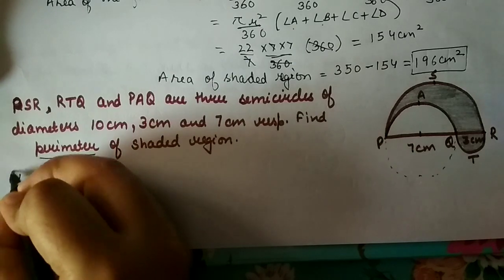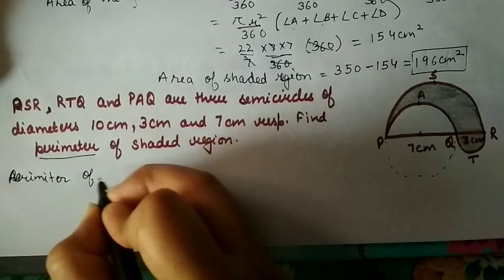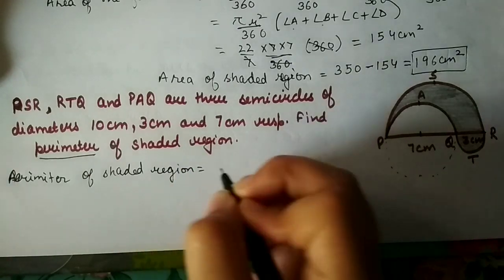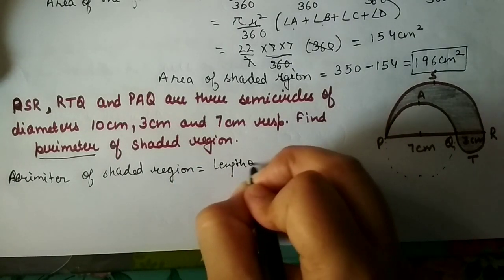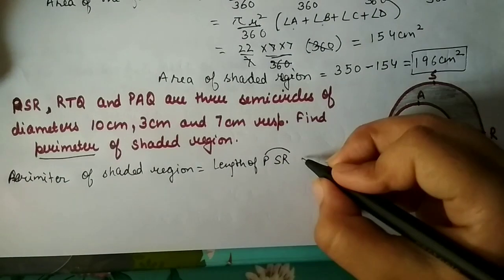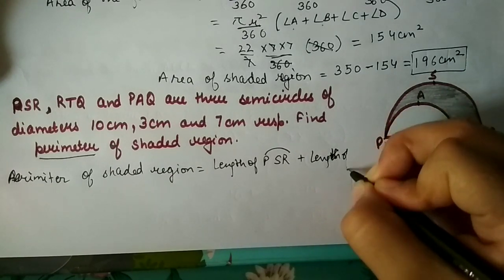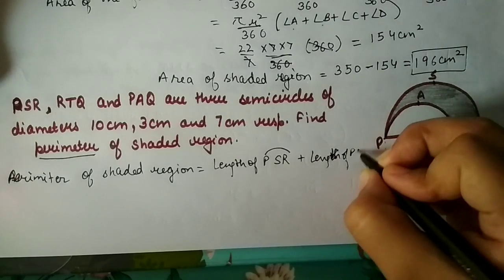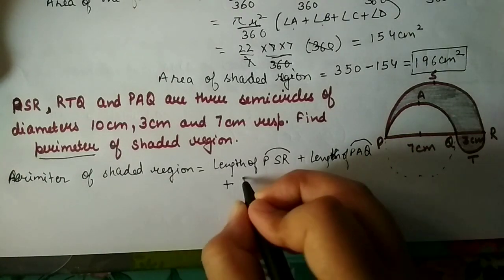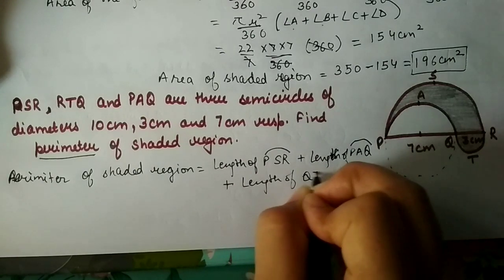So the perimeter of the shaded region is equal to the length of arc PSR plus the length of arc PAQ plus the length of arc QTR.